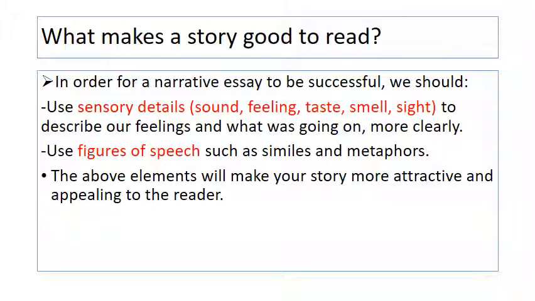So, what makes a story good to read? You need to include, of course, setting, characters, etc. But when you are telling your story, you need to include sensory details. The sound. I heard a strange noise as I was sleeping in my room. It felt very creepy. Or maybe when you were tasting something, the taste of the water that night was weird.